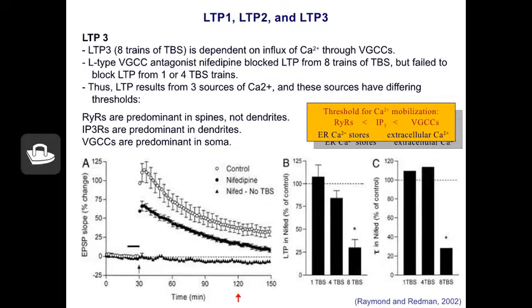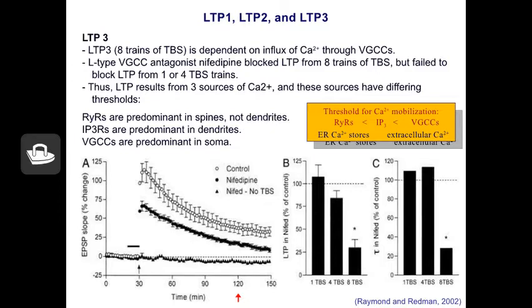Clearly, the voltage-gated calcium channels require more intense stimulation to activate them. Neither 1 nor 4 trains of stimulation can activate them, so nifedipine does not affect the impacts of 1 or 4 trains of stimulation. In the case of LTP1, the sections were only dependent upon calcium-induced calcium release.